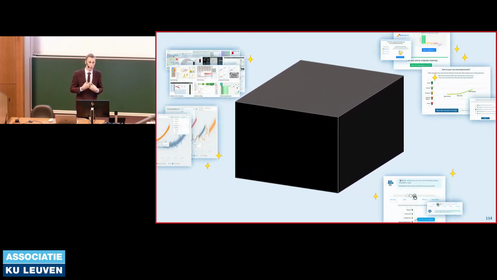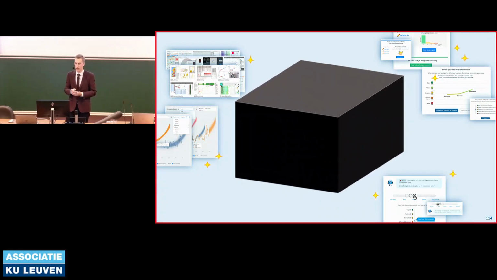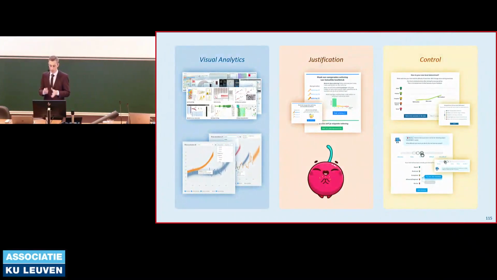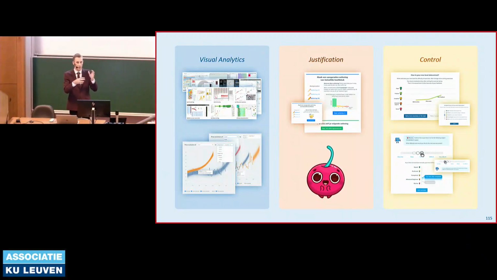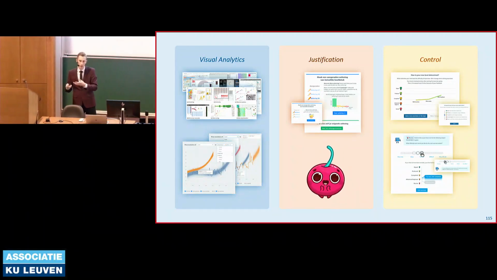I propose to use interactive visualizations to format these explanations. And in specific, I had 3 different approaches: visual analytics, the very interactive complex visualizations, typically for data experts and AI experts; justification, very simple insights, typically for AI novices, such as teenagers; and control mechanisms that allow people to steer those models.